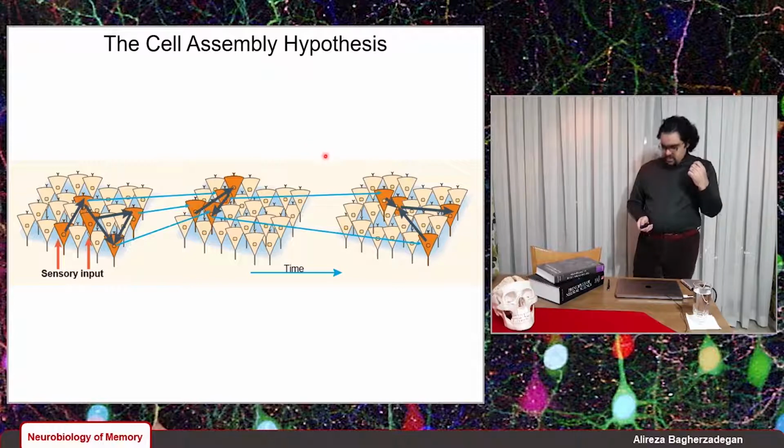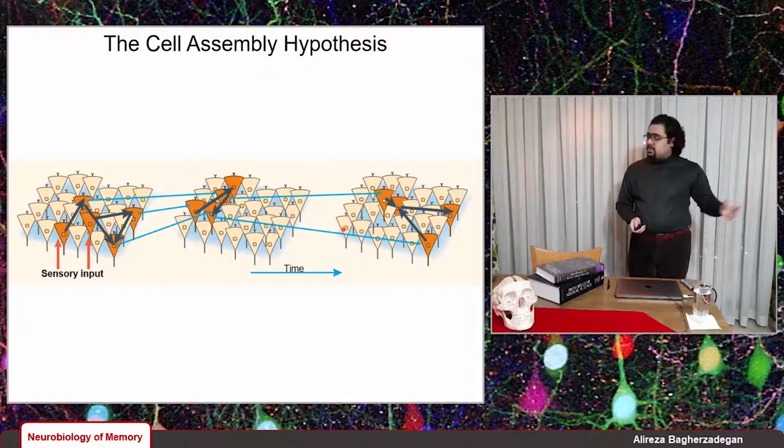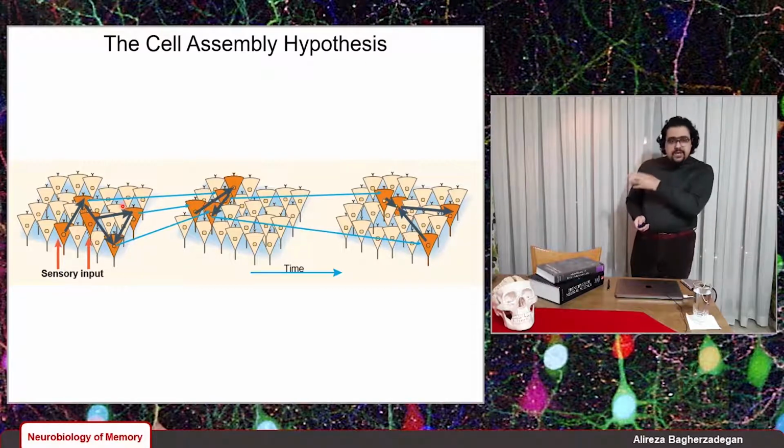The word phase is not related to time or timing here. Basically, a phase sequence is a chain of cell assemblies, in which each one is triggered or activated by the last one. For example, what you see here is a phase sequence, because this cell assembly is activated by this one, and this one is triggered by this one.